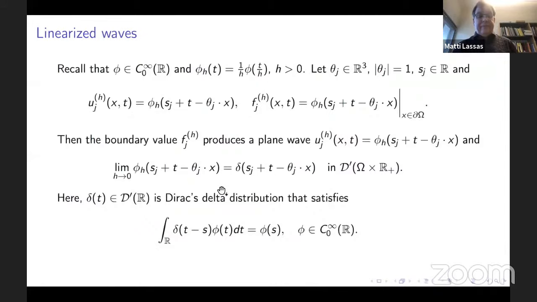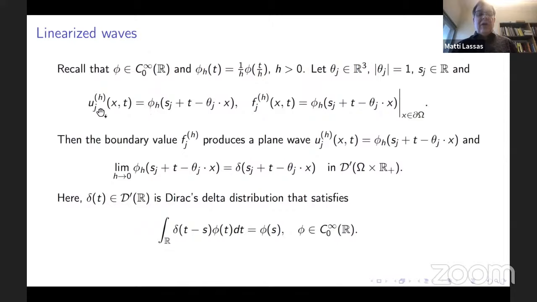And then these modified bump functions will actually approximate Dirac's delta distribution. So let's look at this. I'm sorry if I still have this misprint here. Here it should be r to the power 2. So I consider some unit vector theta_j. I have these delay parameters s_j.